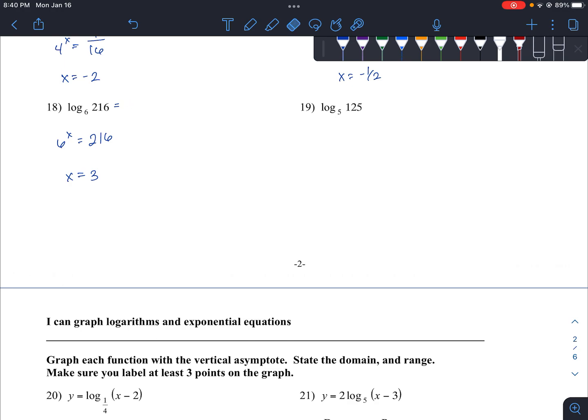And so this is equal to 3. Okay, let's see, we have this one, we'll set this equal to x. We'll say 5 to the x is equal to 125. 5 to the third power is equal to 125, so x has to be equal to 3. So this is equal to 3.